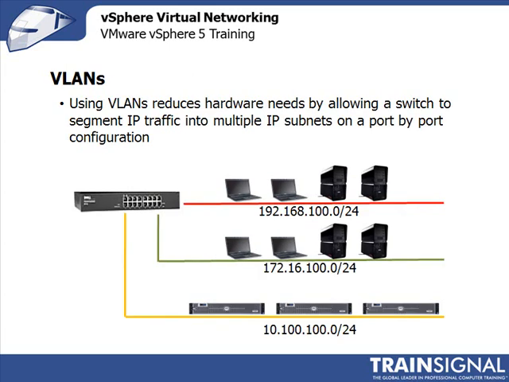So some of the many advantages of using a VLAN is that it allows you to save on hardware. Without VLANs, every time you wanted to add connectivity to a particular network or subnet, you would have to have another switch. By using VLANs, now you can have one switch and then configure the networks or your subnets on a port-by-port basis. This saves you a lot of money and a lot of time as well.